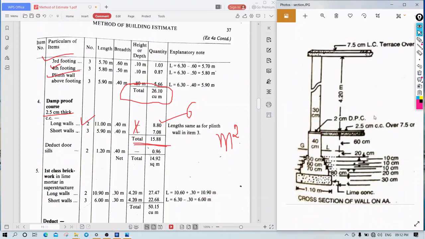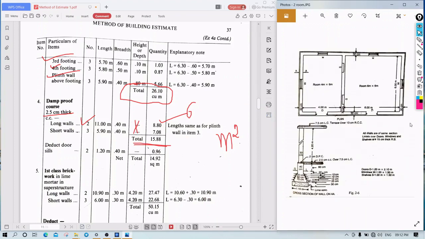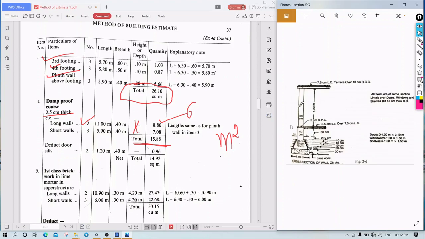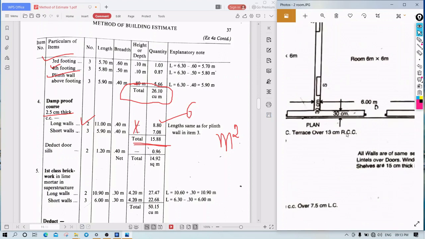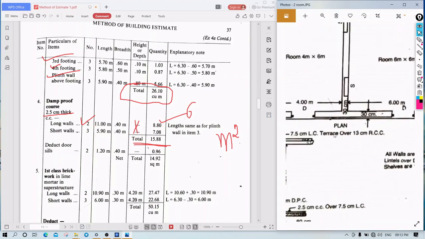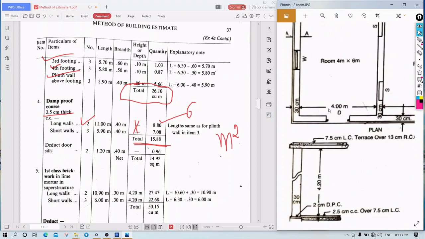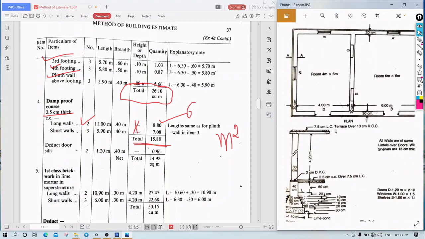Okay, so another concept is here, see here, reduction. I'll show you, right? See here, for damp proof course here, below the door we are not providing it because the sill will be present.